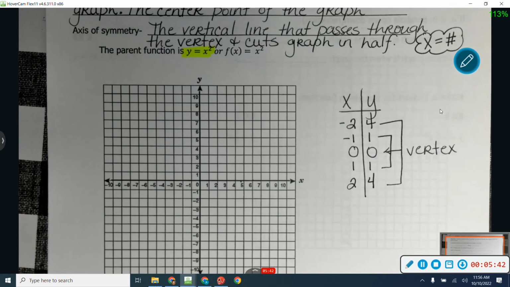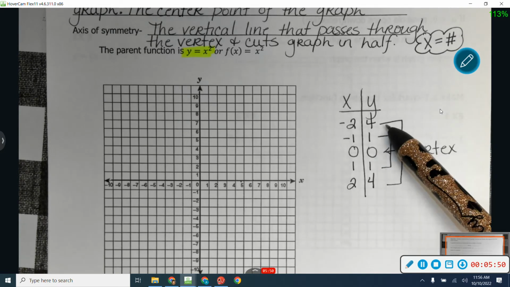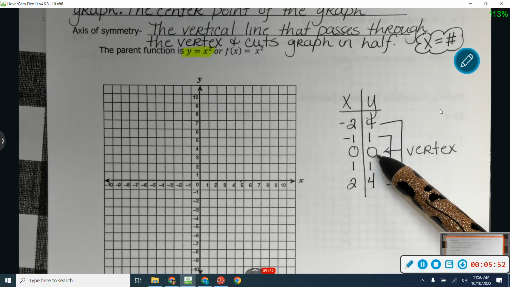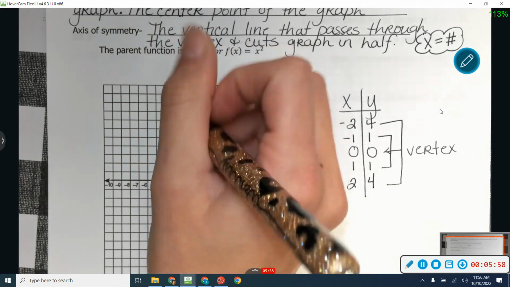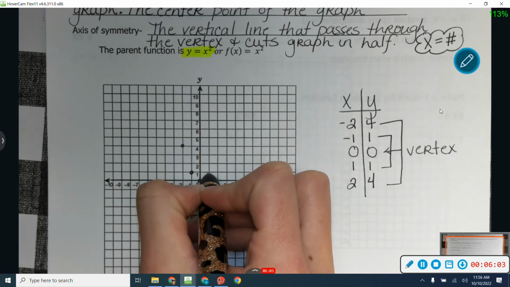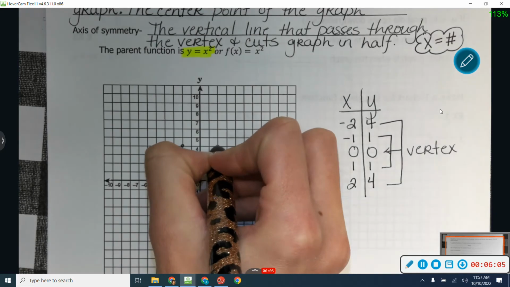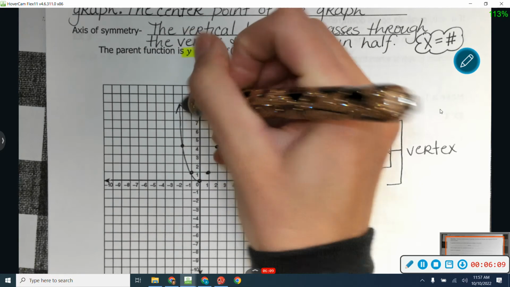You're going to have to be able to identify the vertex without anything at some point, so we're going to work on that today. But that attribute right there in your table, everything mirroring around that vertex, is the key to knowing if you got the vertex right or not. So we're going to graph that, and then make a U-shaped graph.